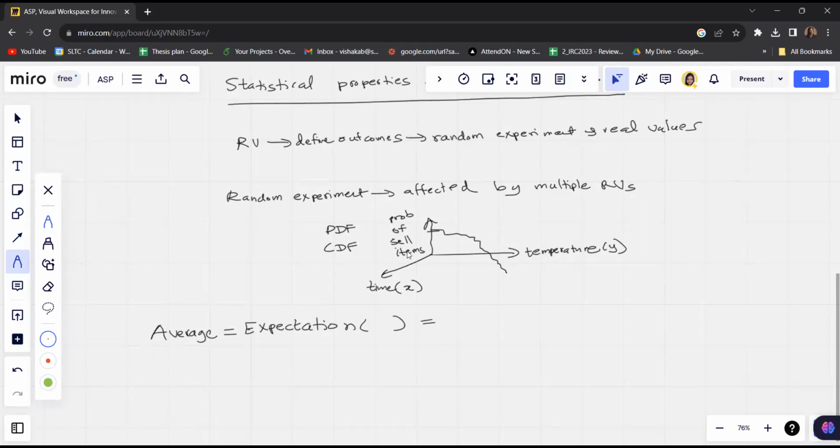It is denoted using this integration, just like the single random variable case.